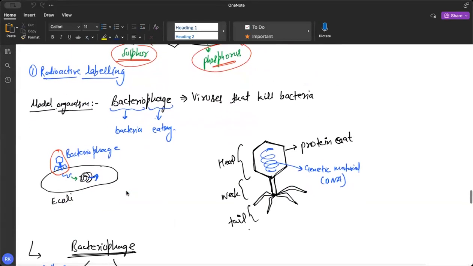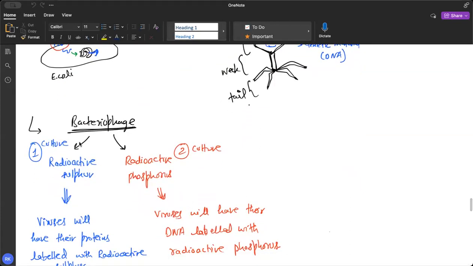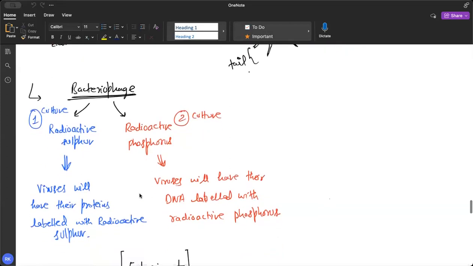So they did an experiment where basically they used radioactive labeling. In one case, they labeled the virus protein part, and in another case, they labeled the virus's genetic material part, which is the DNA, but now we know it's the genetic material. And they allowed these viruses, the bacteriophages, to infect E. coli like they do.